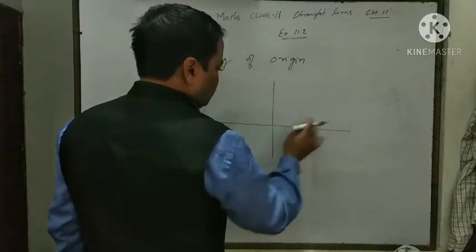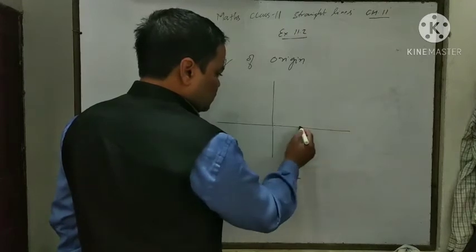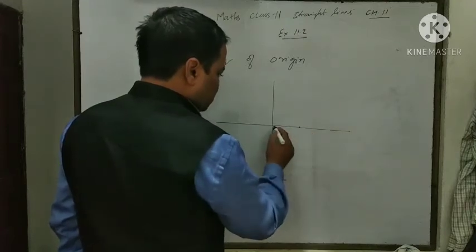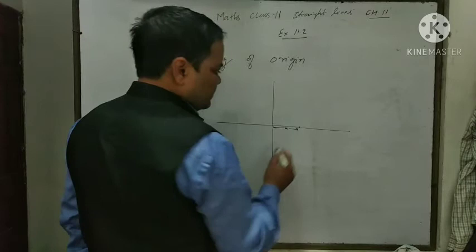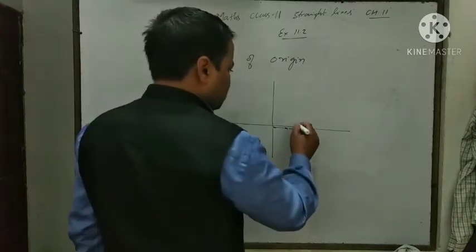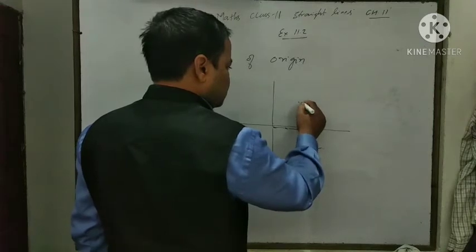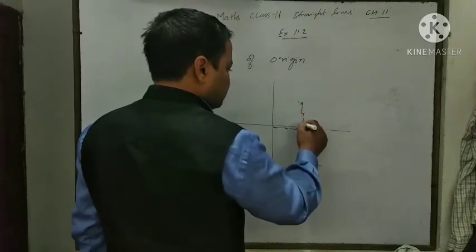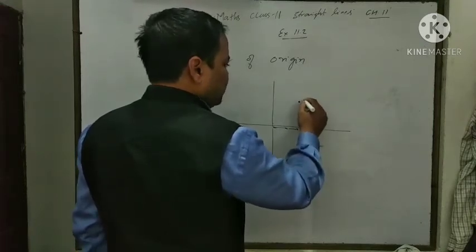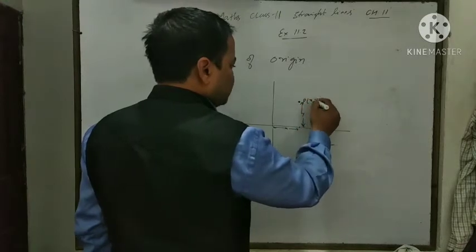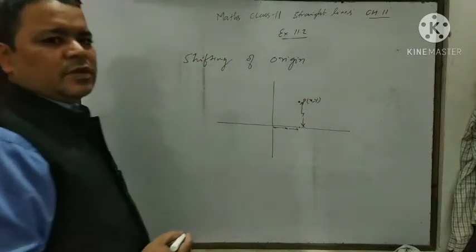If we move from here to here, this distance, that is x, and after that move perpendicular to this side, such that this distance is y, then the coordinate of this point will be x and y.